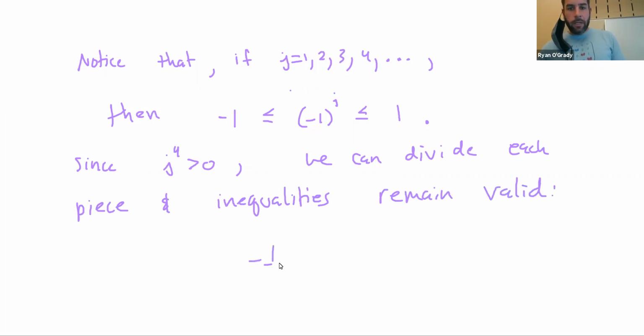So that is -1 over j to the 4th has to be less than or equal to -1 to the j over j to the 4th, which is less than or equal to 1 divided by j to the 4th.